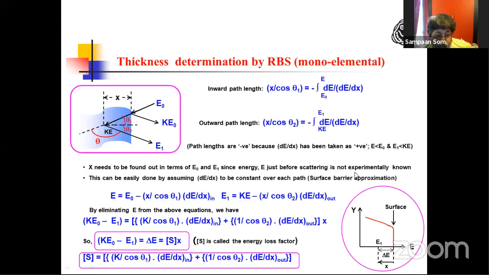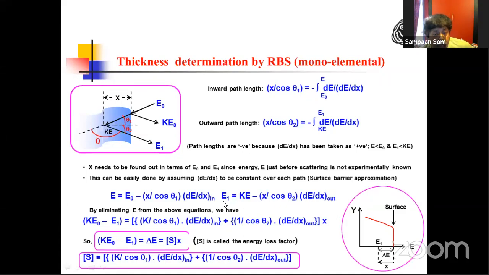Okay, because here you can see that KE0 is the energy with which it starts going in, but sorry, KE0 is the energy of the scattered particles which come back right from the surface atoms. Okay, and the energy which is detected for the backscattered helium atoms which come back from the deepest point is E1.